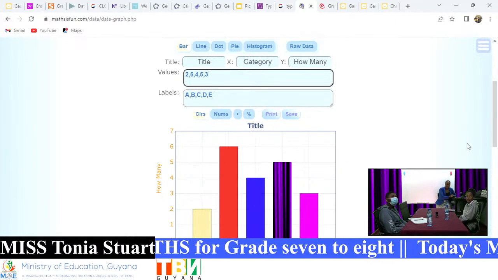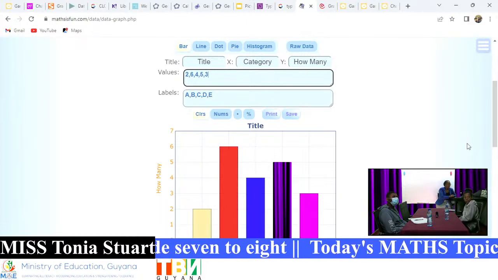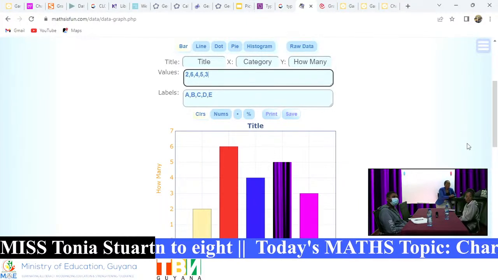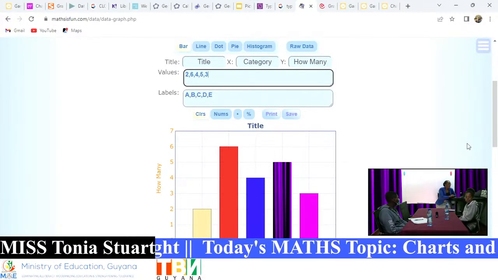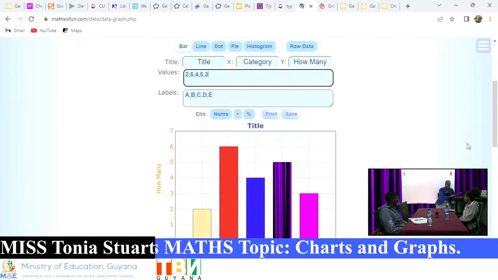Shamar, would you agree? Yes, sir. How many yellows are there? 2. And blues? 4. Right. So in all, if you put them together, you would have gotten 6.